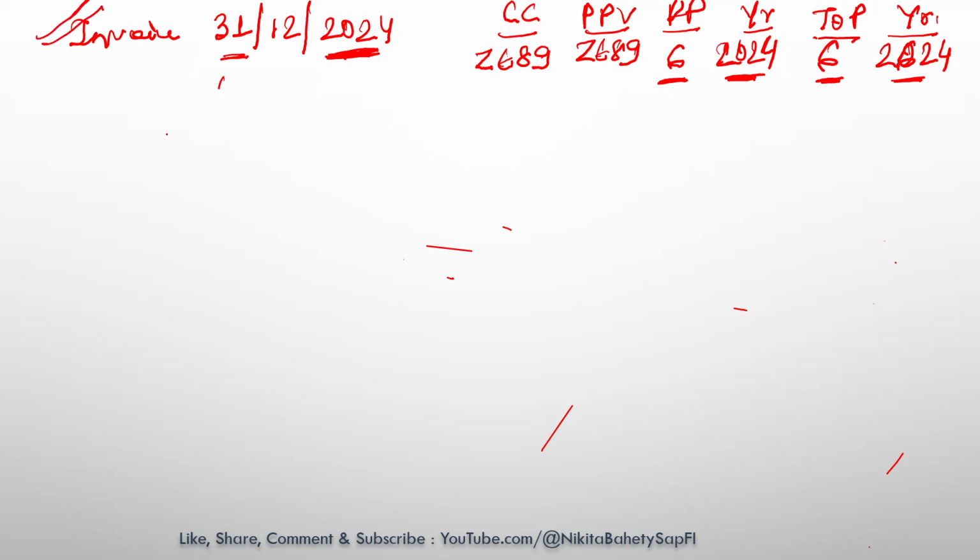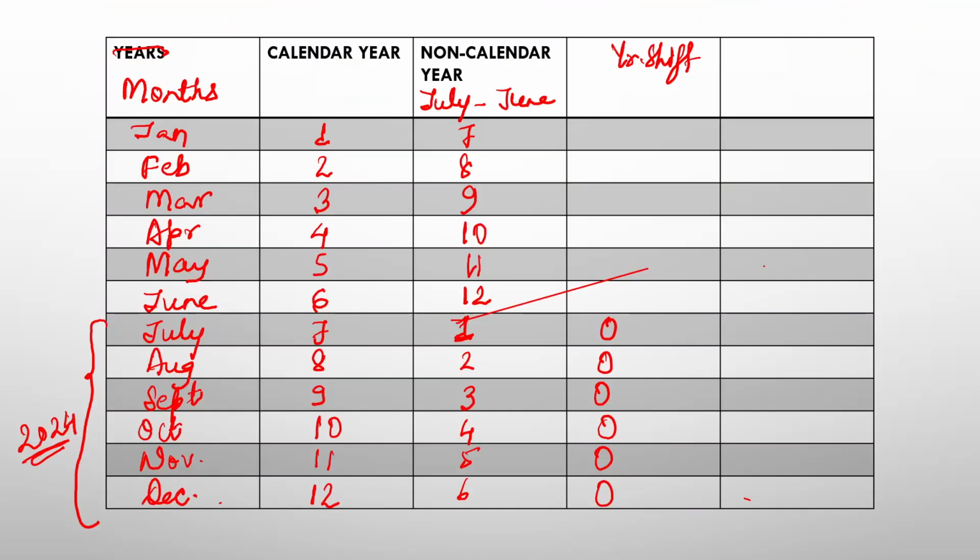But say it's 1st of January 2025. As I told you, the invoice will be posted as per the calendar year. When we reach January, we come into a new year, right? So now the year will shift from 2024 to 2025. What will SAP see in this situation in the fiscal year variant settings?